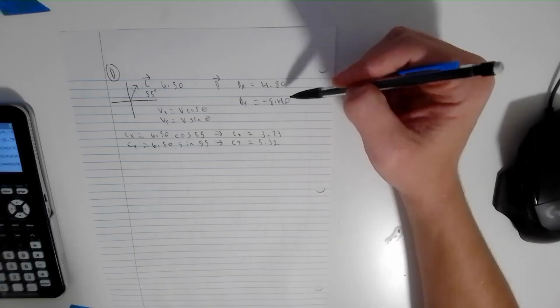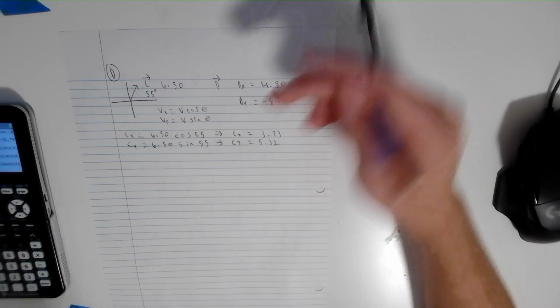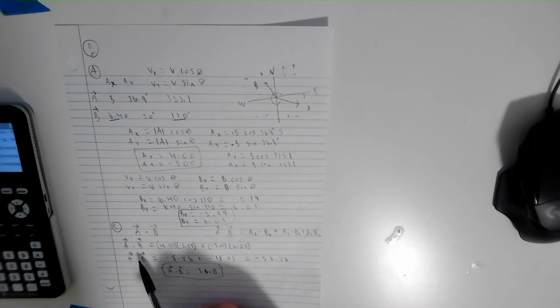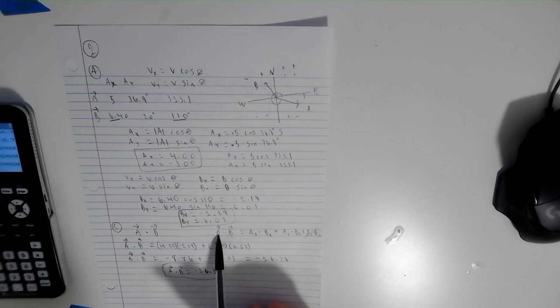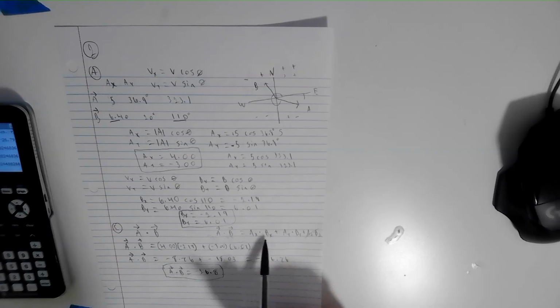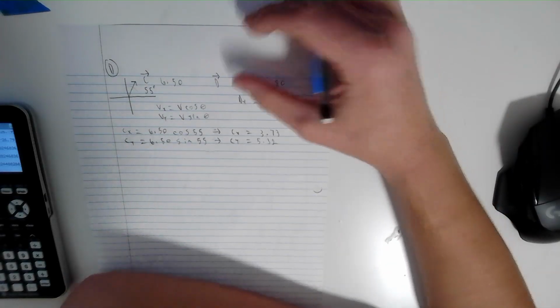And so now that we have both of these, we can just plug them into the same equation from this page, which was the scalar dot product formula. So it's vector A times vector B equals A of x times B of x, but instead it's going to be D of x and C of x.